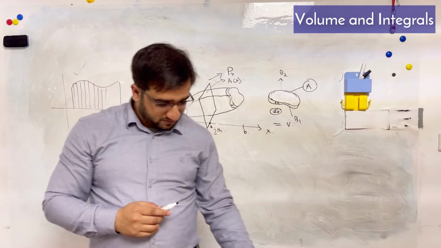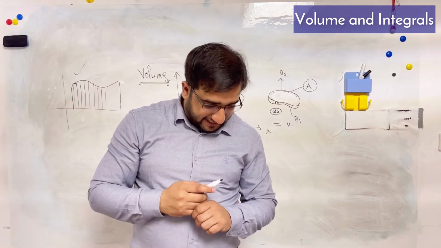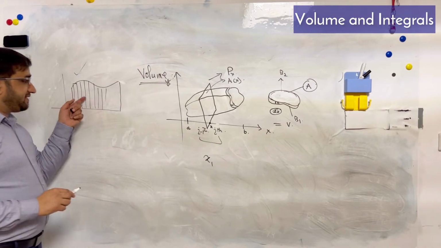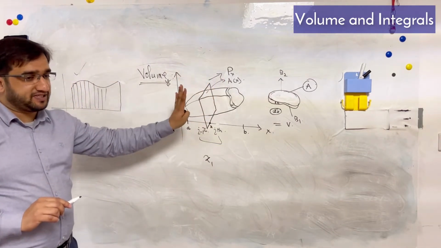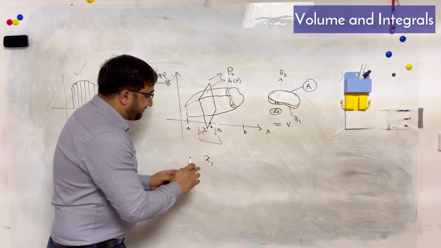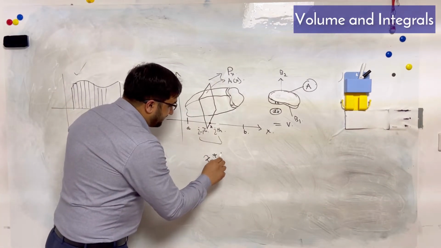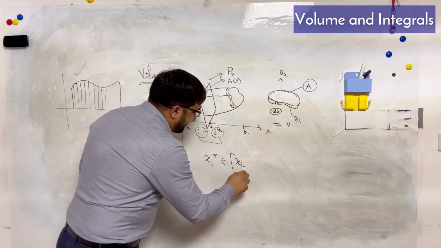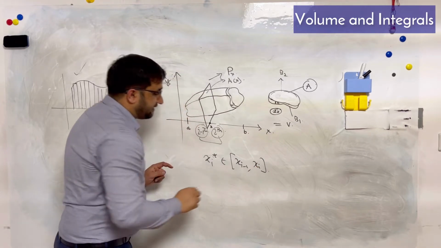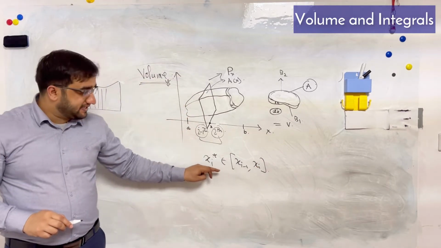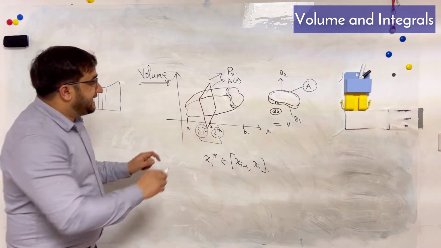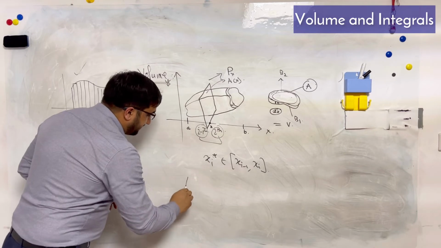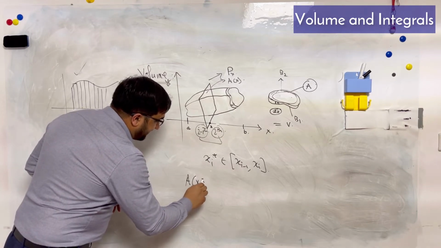So just keep this in mind, and this is not difficult, only the shape is creating problem. I assume that x_i star is the midpoint of these two, x_(i-1) and x_i. If this is the midpoint of these two, then the area of this slice will be A of x_i star.